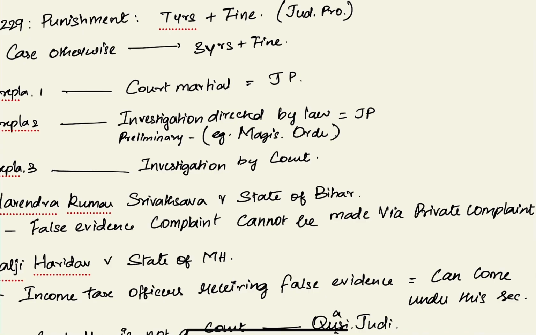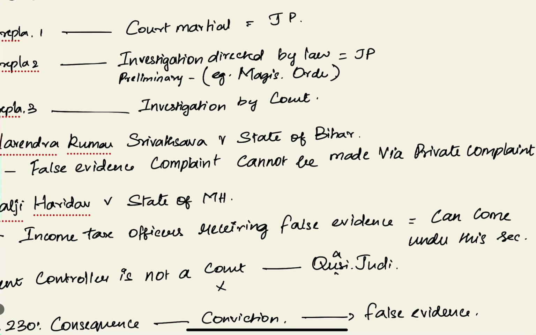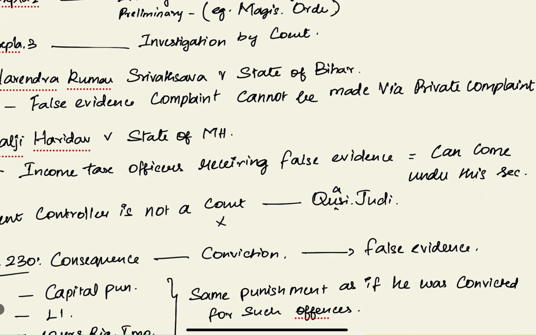Explanation 3 deals with any investigation that has been mandated by the court, which could also be construed as a judicial proceeding.